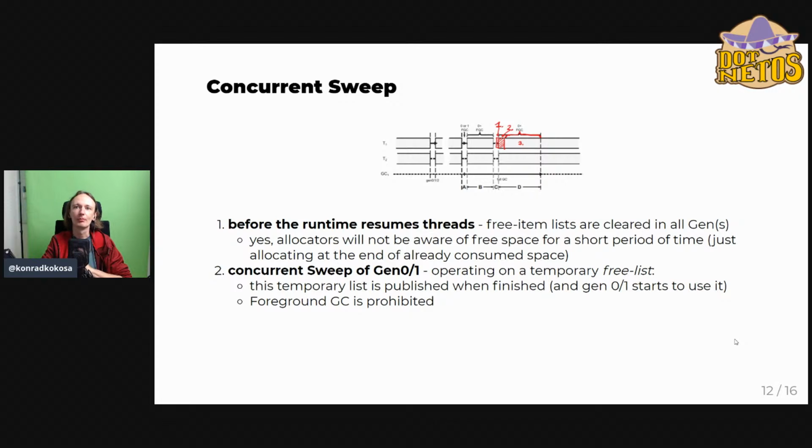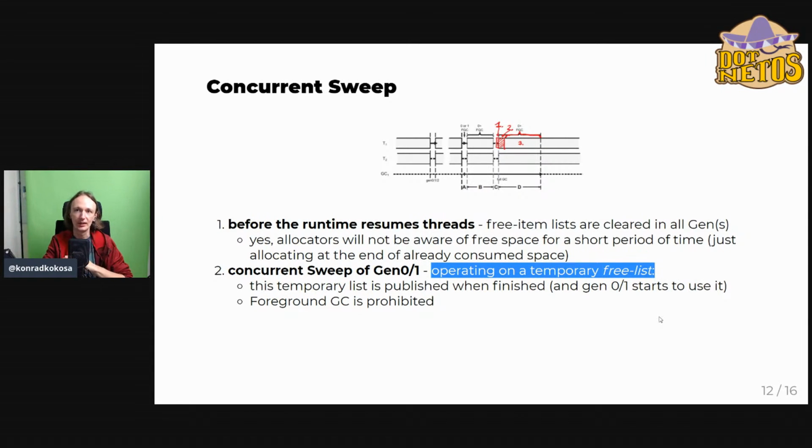So after this we have the second sub phase. Phase number 2, concurrent sweep of generation 0 and 1. So now we are concurrently sweeping the so-called ephemeral generations, the smaller ones, generation 0 and 1. And when this is happening, it is operating on a temporary free list. So the real free list is still empty, and we are operating on a temporary free list created on the side.